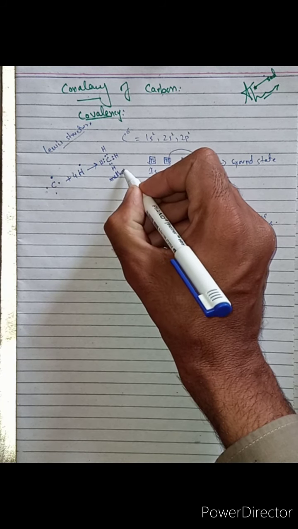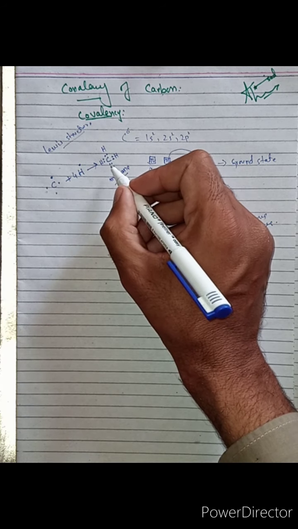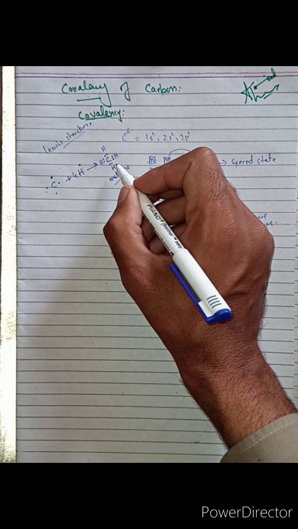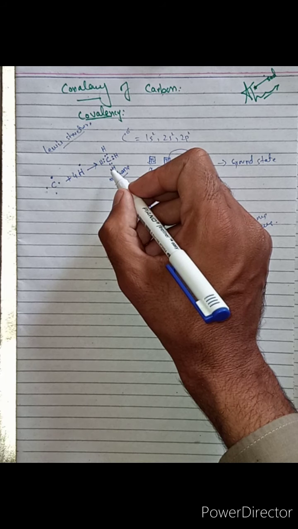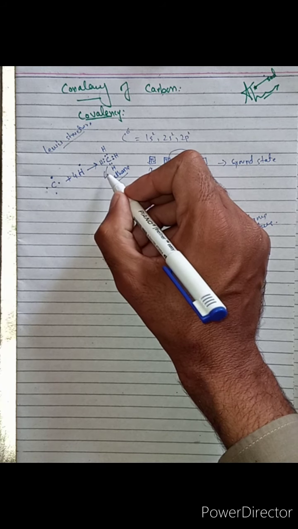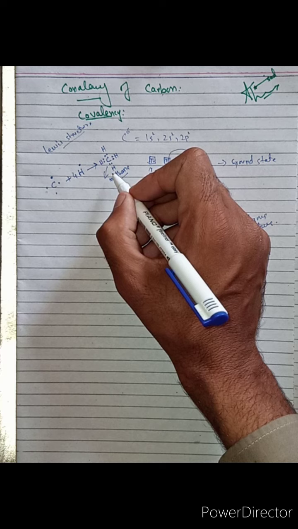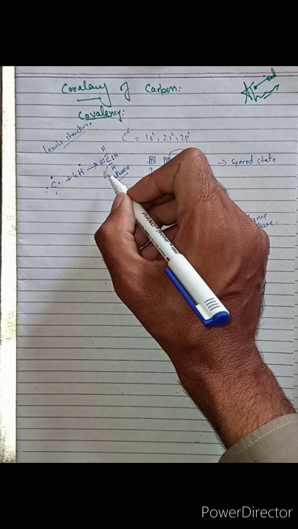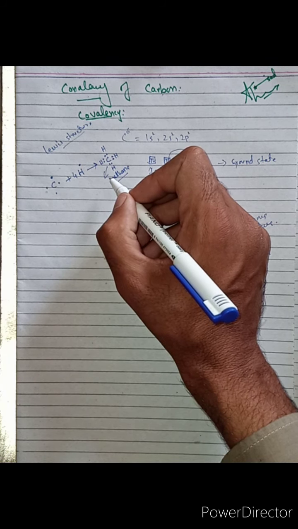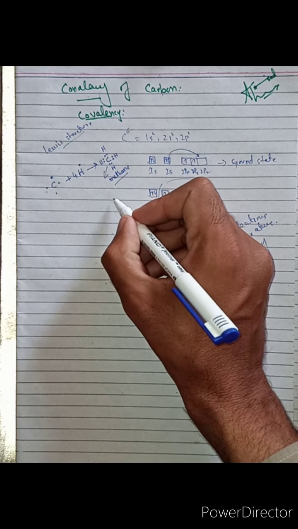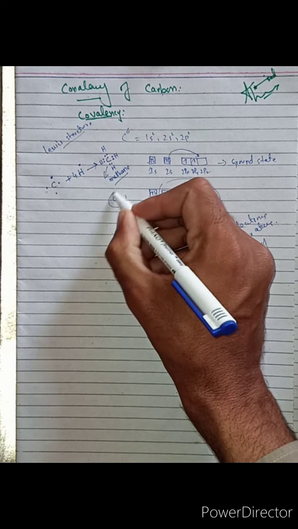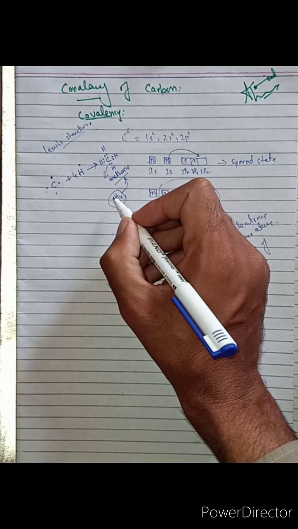It is called methane. Carbon makes four bonds, which is called covalent bonding. It is the bond due to sharing of electrons, so we call it a covalent bond. This is called the CH4 structure, which is methane.